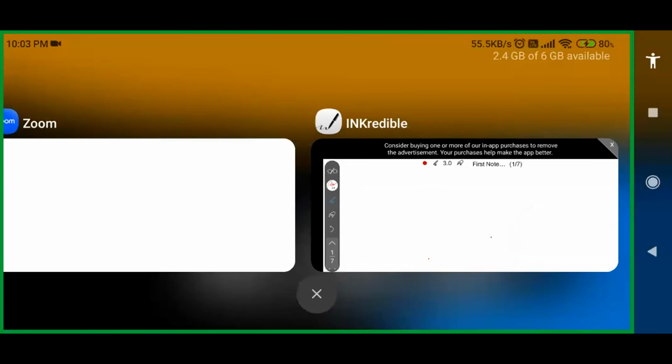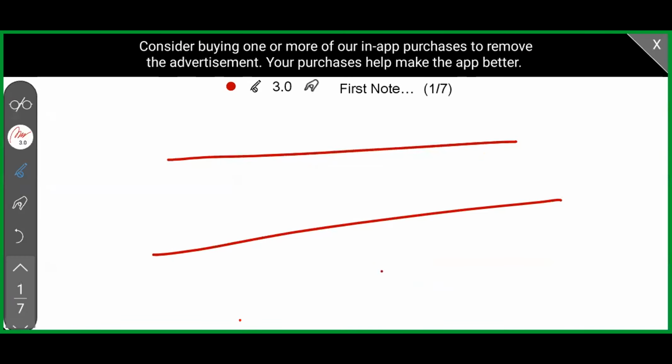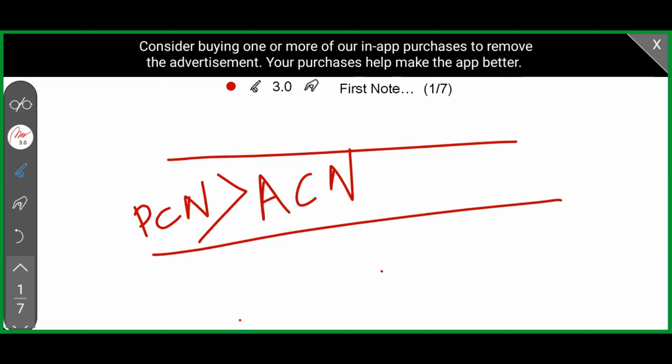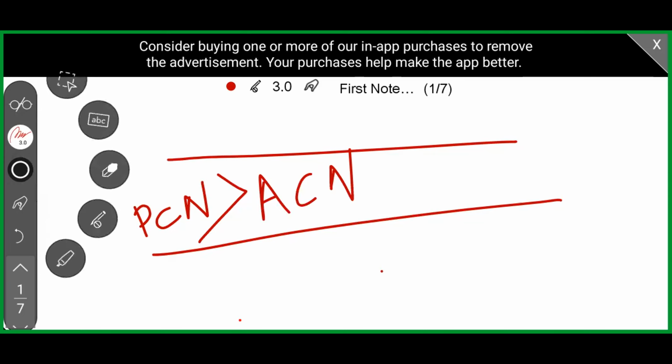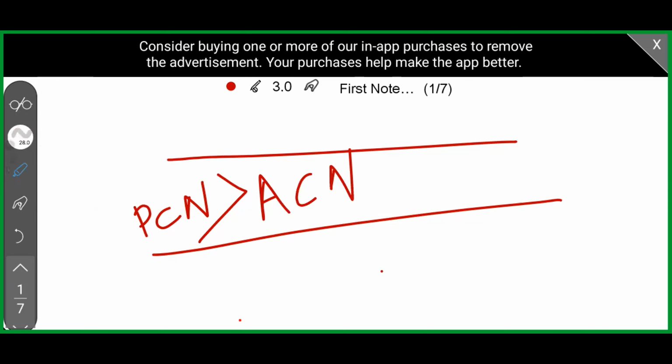Got it? What is it? Pavement classification number shall be greater than aircraft classification number. And what is this classification number? This is the strength of the ground.